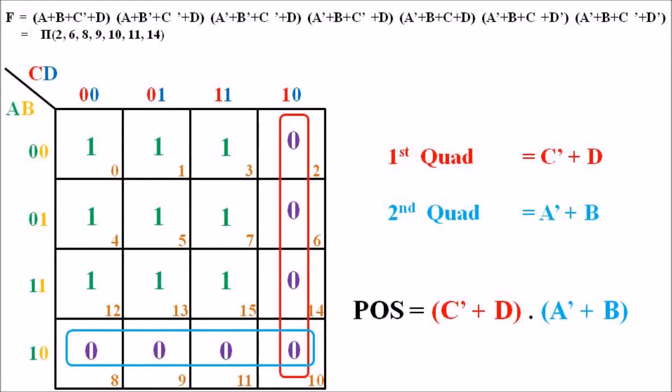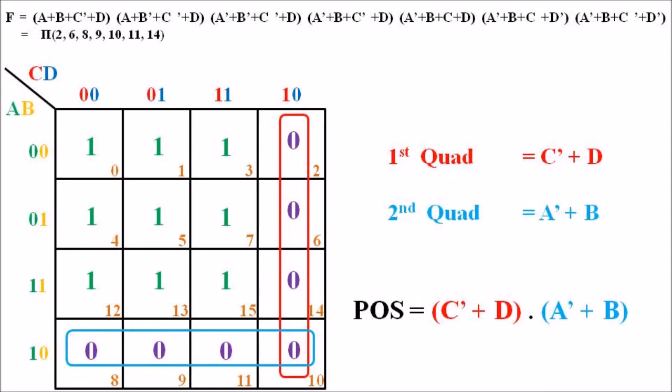So the summing or addition can be implemented by using the OR gate, and the multiplication can be implemented by using the AND gate. So my dear students, the POS circuit can be drawn with the help of an AND as well as OR gate combination.